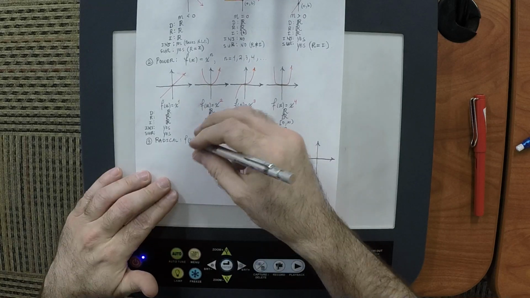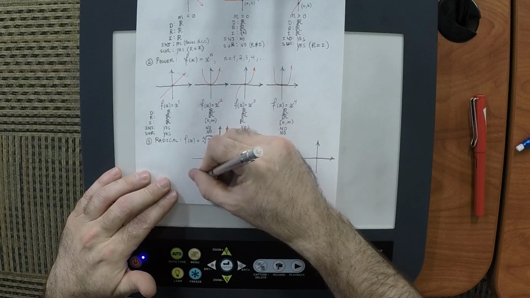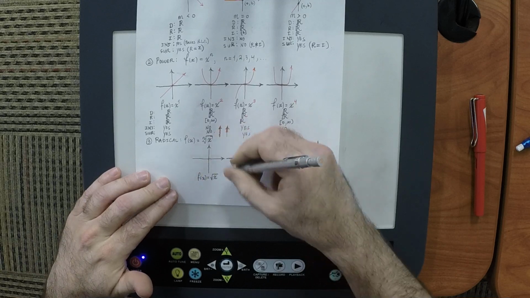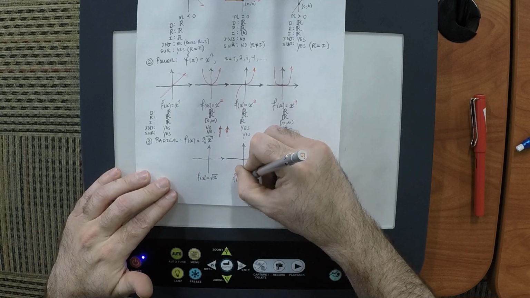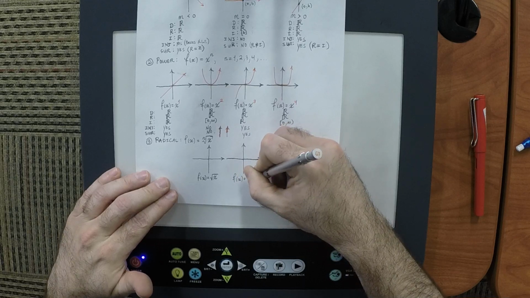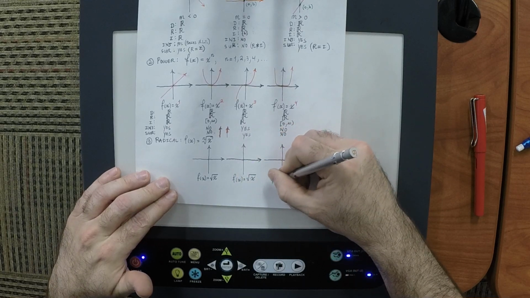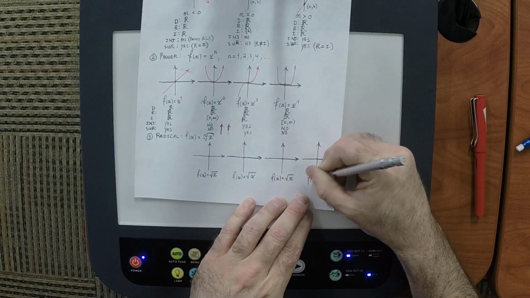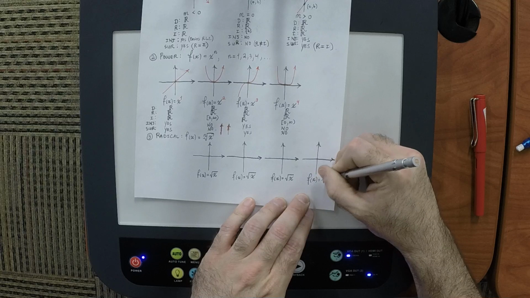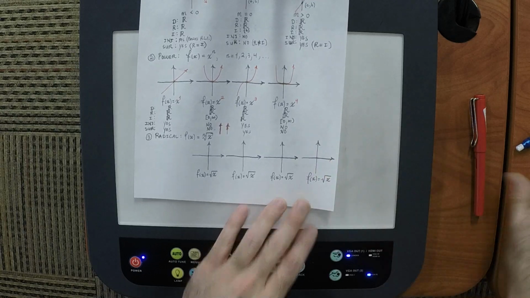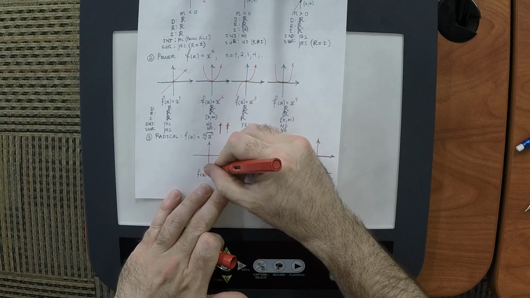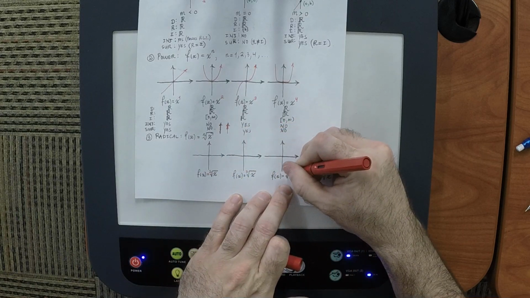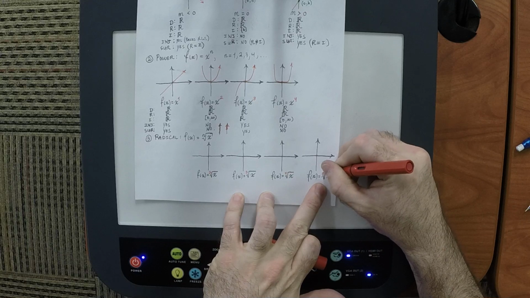Okay, so then this will be f of x is radical x, f of x is radical x, f of x is radical x, f of x is radical x, starting with 2, so 2, 3, 4, 5.